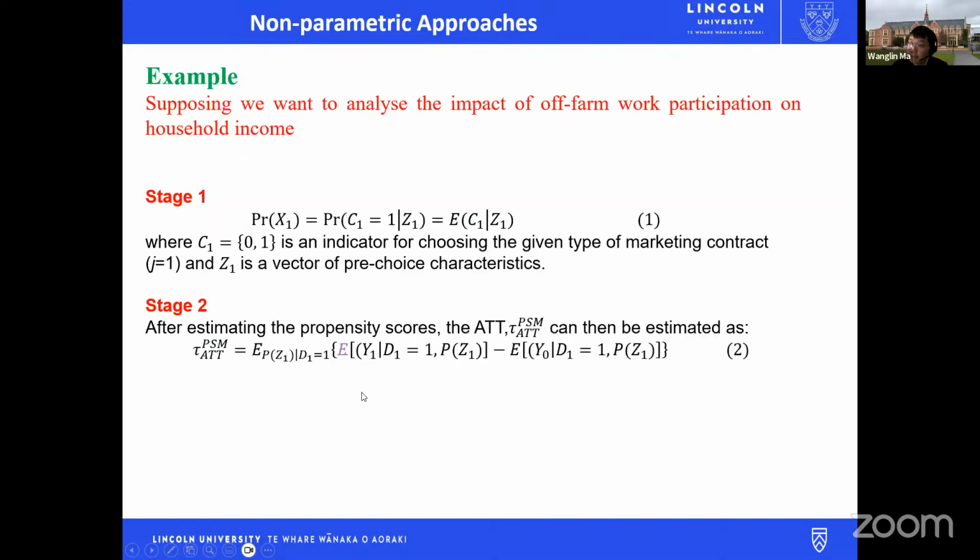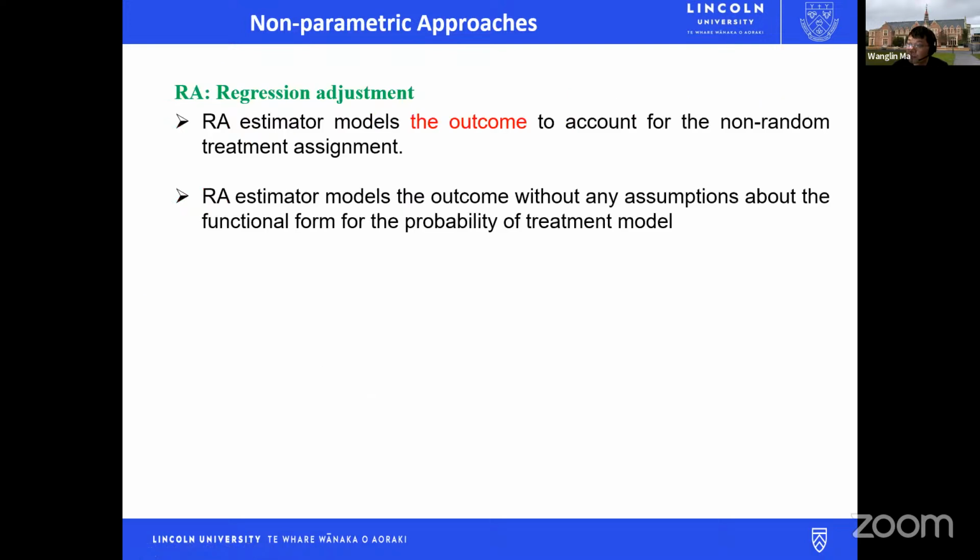That is the second step. Okay, is it clear for the propensity score matching method?